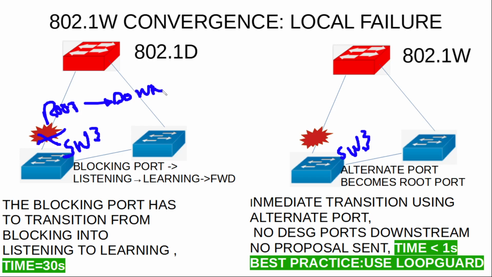In this case, with the traditional spanning tree, after switch 3 notices that, it will have to transition its ports through the listening state, then to the learning state, to finally place them in forwarding state if it applies. So in this case, this port will transition from blocking to listening to learning to forwarding.